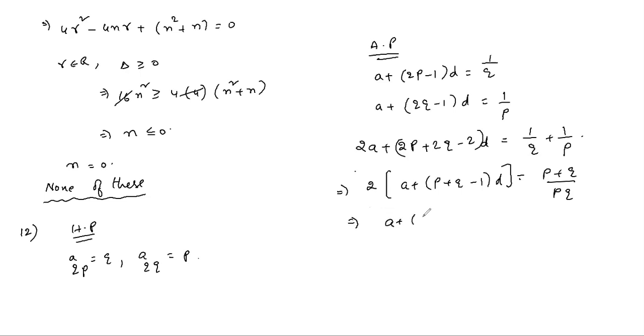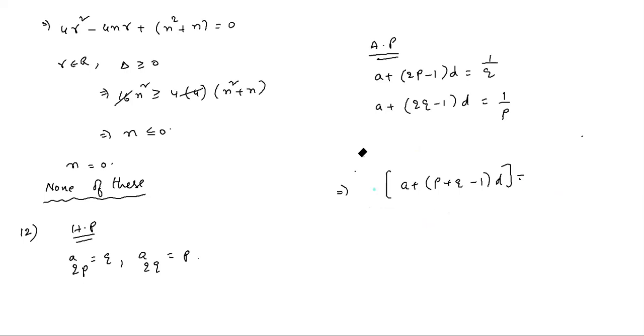You have to find the (2p plus 2q)th term. If you want to find only the (p plus q)th term, directly by adding you will get it. But here we have to find the 2p plus 2q term, so we have to find the a value and d value separately.